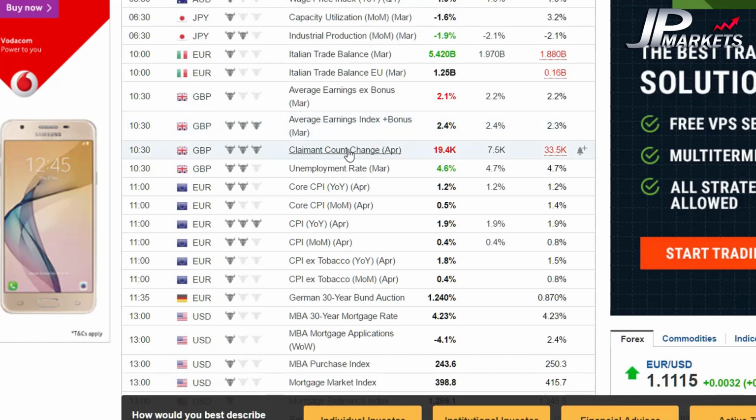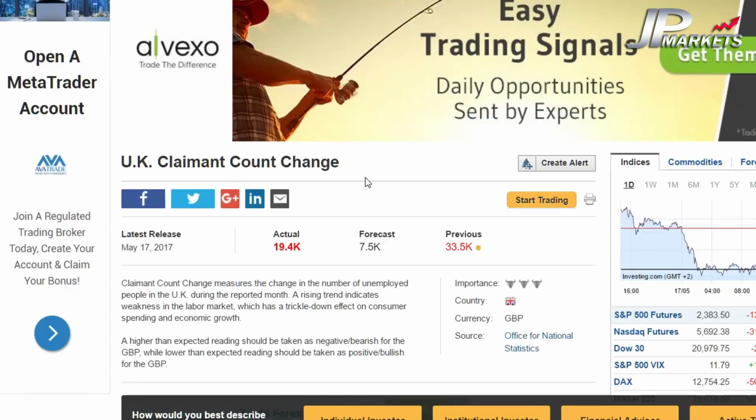For example, at 10:30 this morning, we saw that we had a forecast of 7.5k and it came out to 19.4k on the claimant count change. If you'd like to know more about it, you can just click on what it is. And here it's telling us the claimant count change measures the change in number of unemployed people in the UK during the reported month.